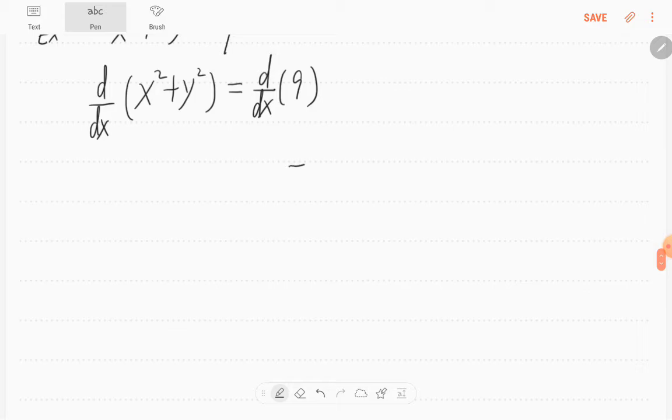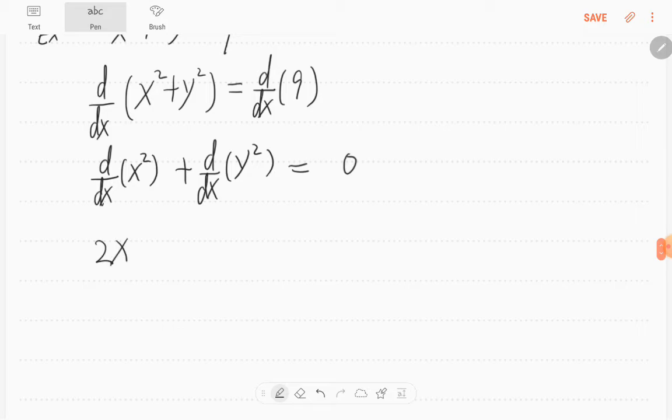So the right side is 0, no problem. The left side is the derivative about x squared plus the derivative about y squared. So the first derivative is just the 2x, right? Because this is the x squared, we'll take the derivative about x, which would be 2x.